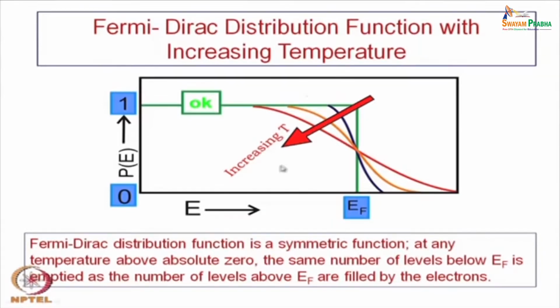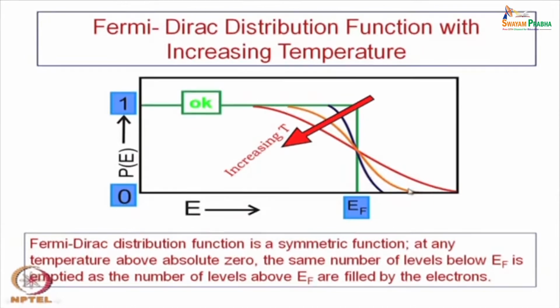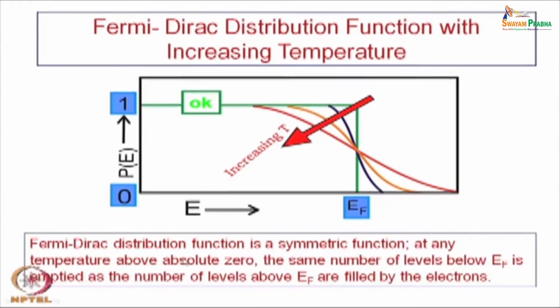So with increasing temperature, more and more electrons acquire higher energy from the thermal system, and go to the higher level above the E F. The Fermi-Dirac distribution function is a symmetric function. At any temperature above absolute 0, the same number of levels below E F is emptied as the number of levels above E F that are filled by the electrons.